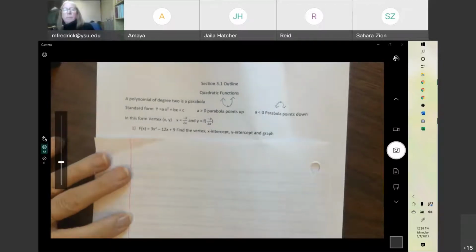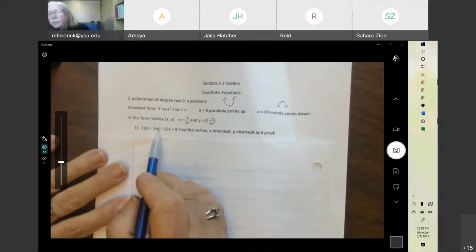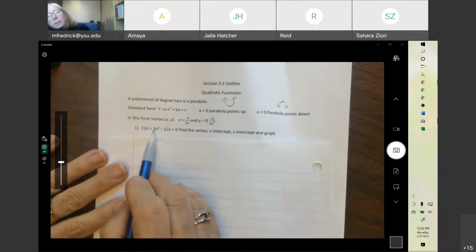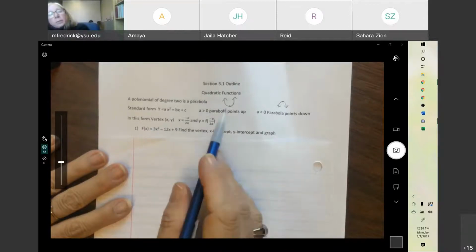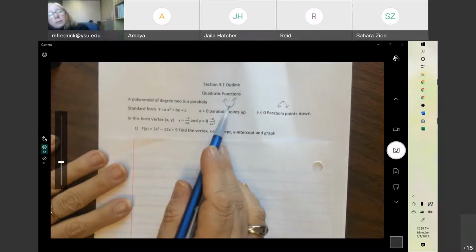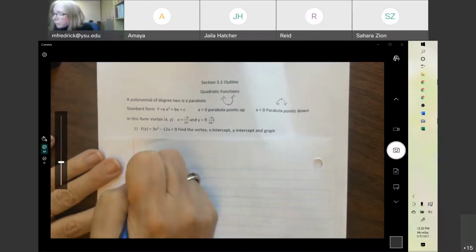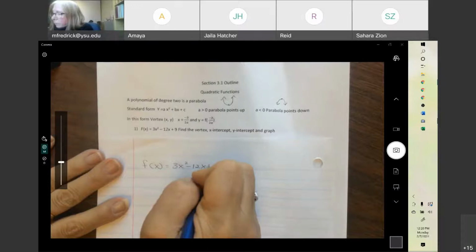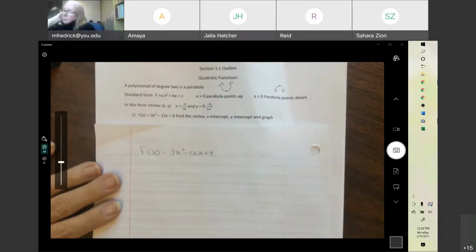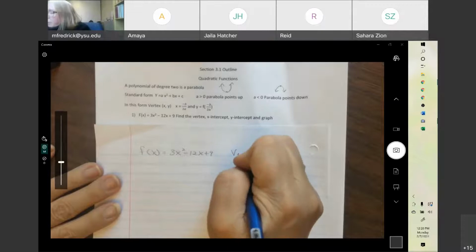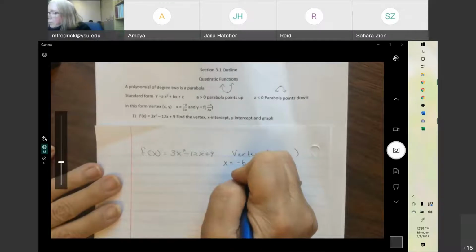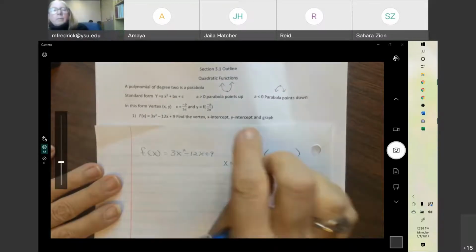Let's try one. So we know it's a parabola because the degree is 2. That's the largest exponent. The leading term, the x squared term, is positive 3. It's positive, so my parabola is going up. So to find the vertex, x is negative b over 2a.